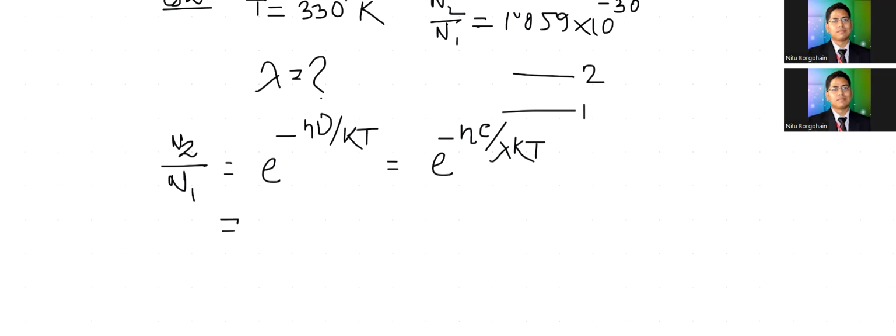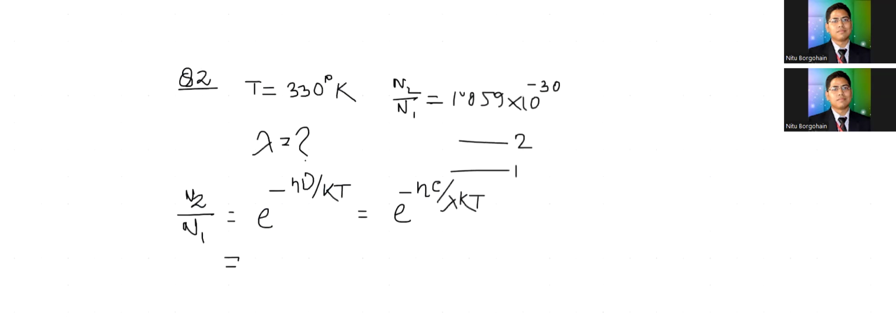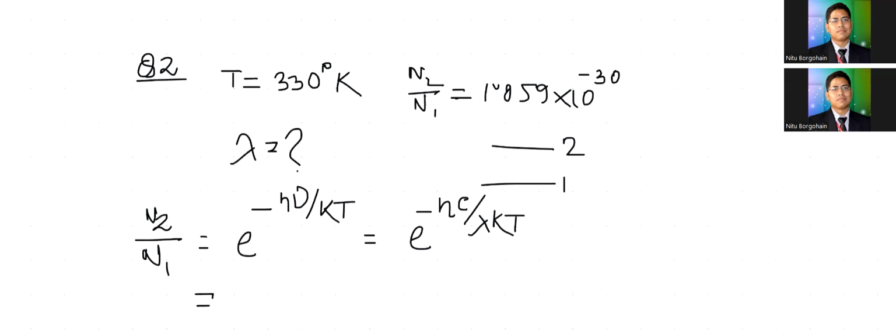So all these values are given. We have N2 by N1, that is given as 1.059 into 10 to the power minus 30. So this value is already given.